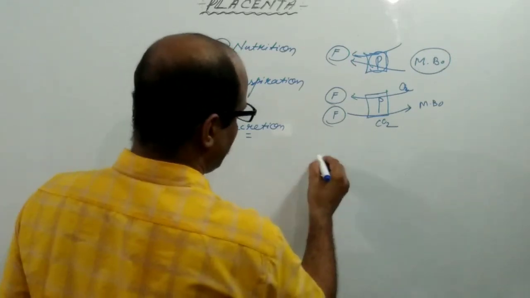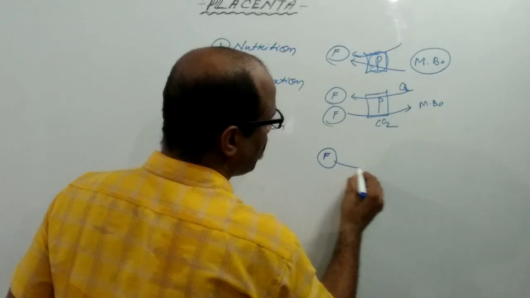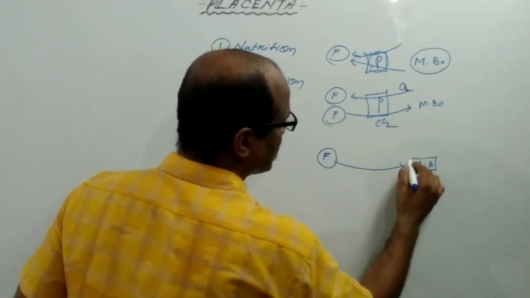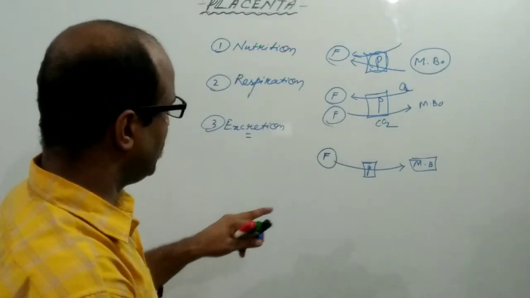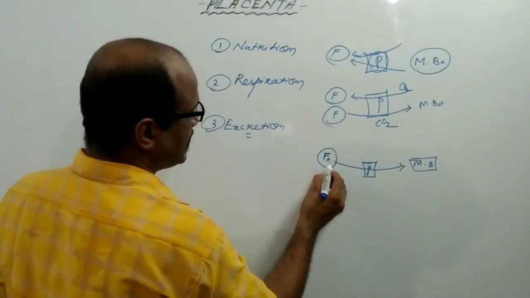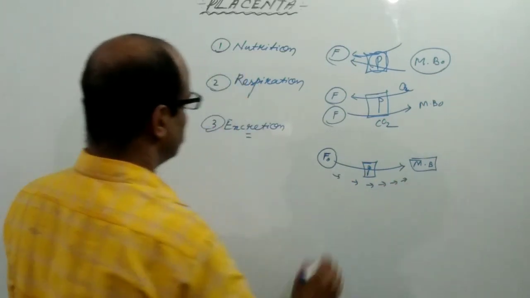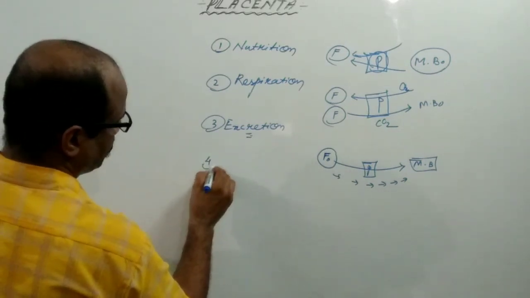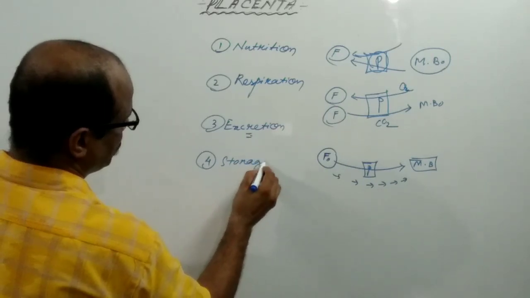The different excretory or metabolic wastes pass to the mother's body through the placental circulation. Through the placenta, the fetus can excrete different waste matter to the mother's body, so it helps in excretion. Another function is storage.